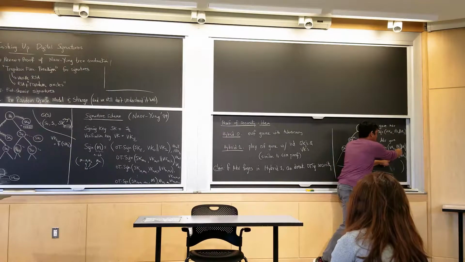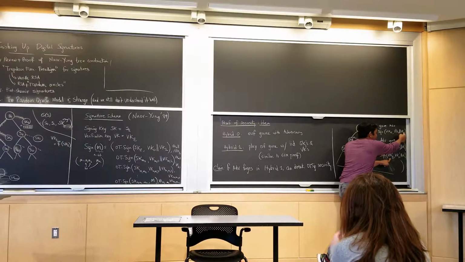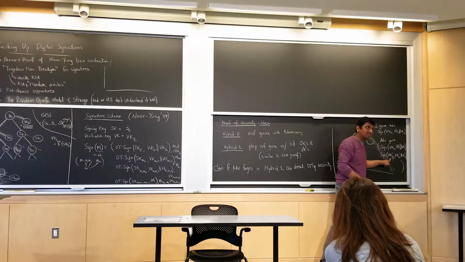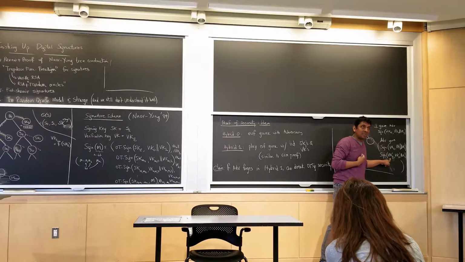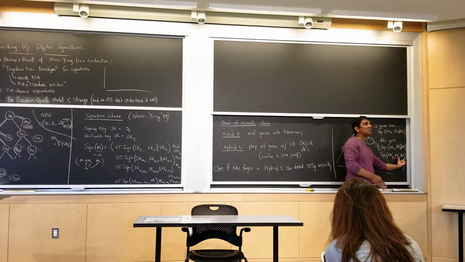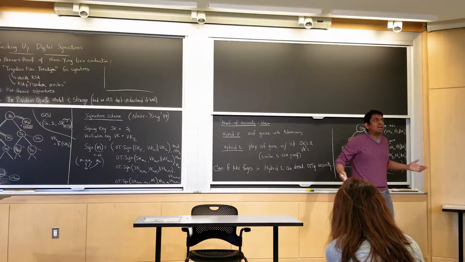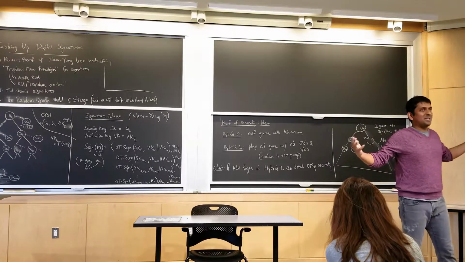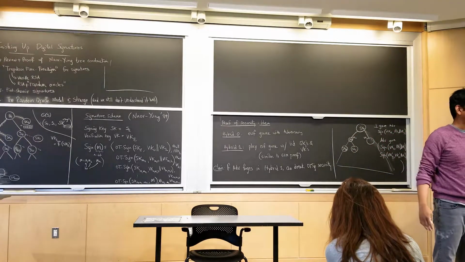Under this event, VK1 prime is the same as VK1, which is what I picked. I never gave him a signature under VK1 because I never went down this path, and yet he managed to produce a signature of a message under VK1. This breaks the 0 times security of VK1. It's even harder.